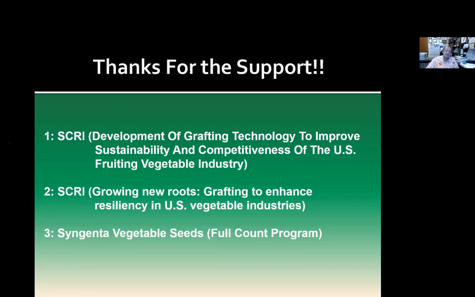Also, one of the seed companies that's been a real supporter of our grafting work as far as cucurbits goes is Syngenta Vegetable Seeds, the Full Count program, because they push a lot of transplants and they're very much interested in grafting. Grafting can be done commercially. We have a number of commercial operations here in the US that can do that grafting for you now.